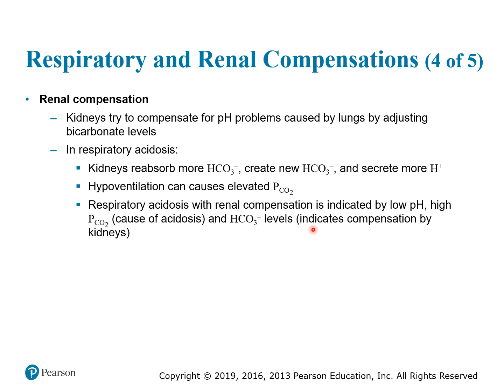They indicate the compensation by the kidneys. So if the bicarb levels are increasing, it means that the kidneys have started to compensate. But if the bicarb levels are normal, then the kidneys have not started compensation yet.